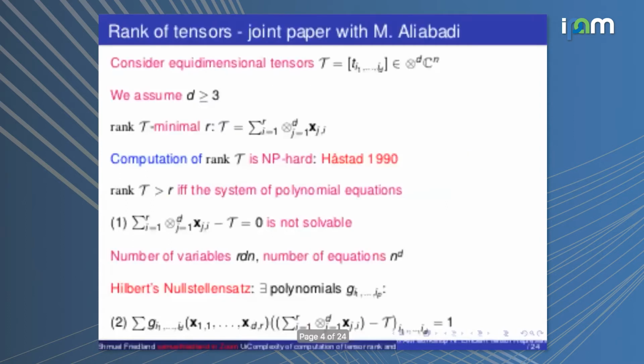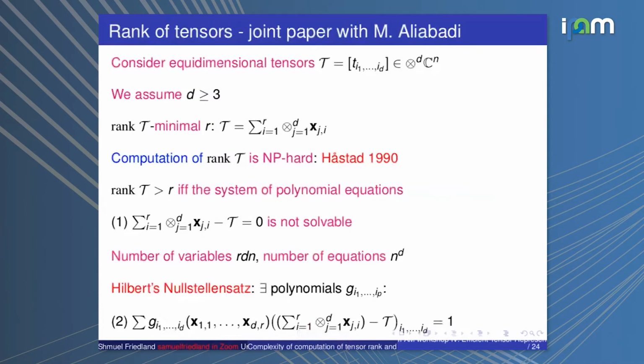David, please, next slide. Now, for simplicity, let's consider equidimensional tensors. So it's a tensor product of d copies of C^n, and we assume that d is greater or equal to 3. So what is the rank of T? Well, it's the minimal decomposition of T as a sum of rank 1 tensors. And we already know that it's NP-hard, this is Håstad.